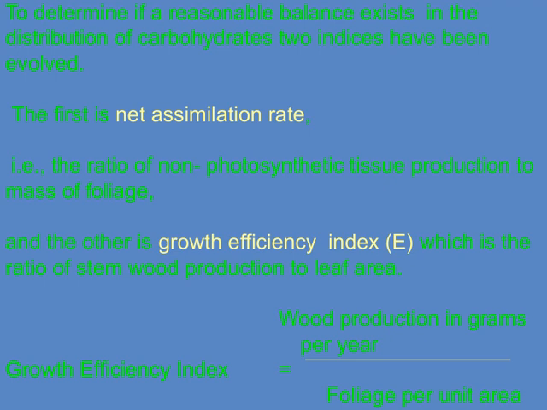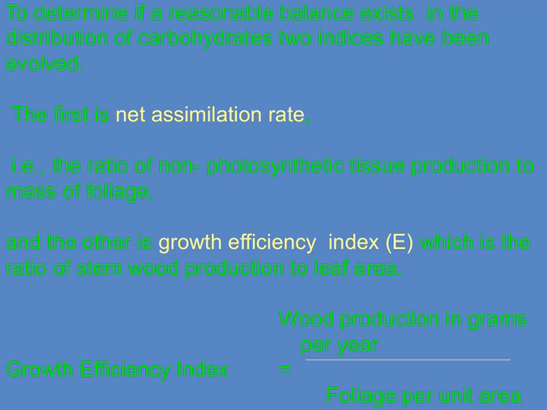The second index is the Growth Efficiency Index, often denoted as E. This index looks at the ratio of stem wood production to leaf area. In other words, it tells us how much woody tissue the plant is generating per unit of leaf surface area. It's a useful way to gauge how effectively the plant channels its resources into structural growth, which is crucial for support and transport functions.